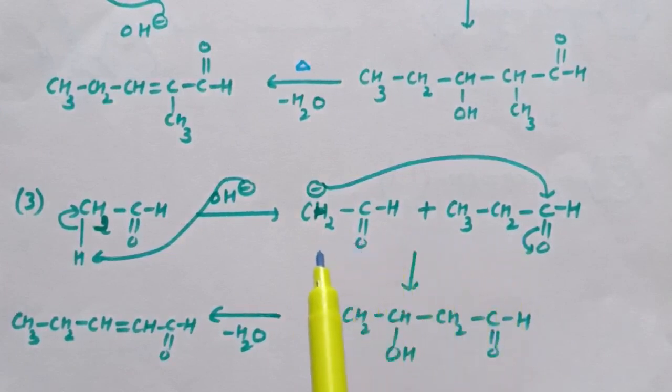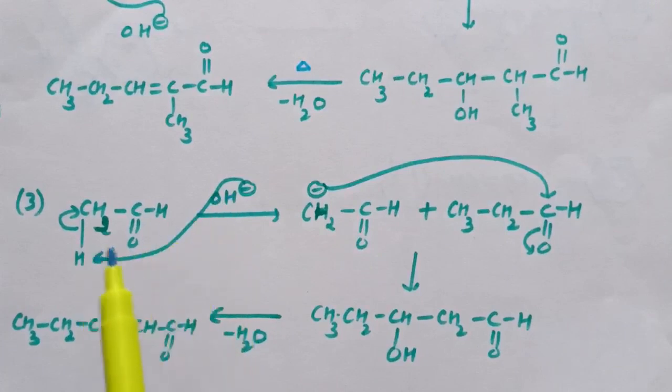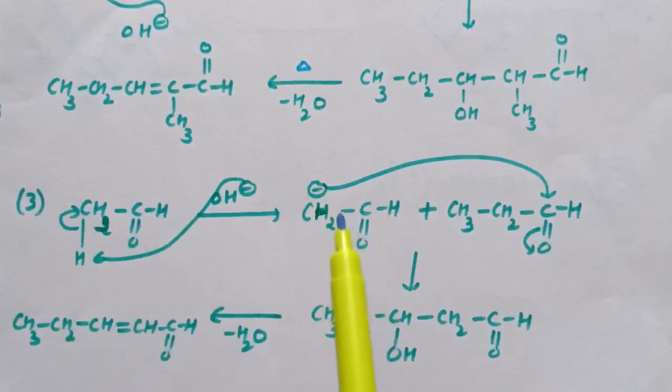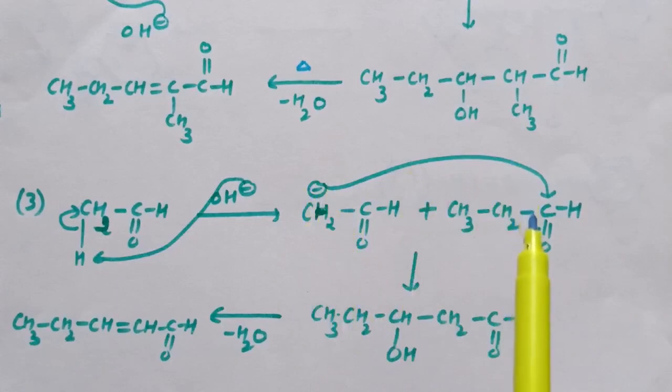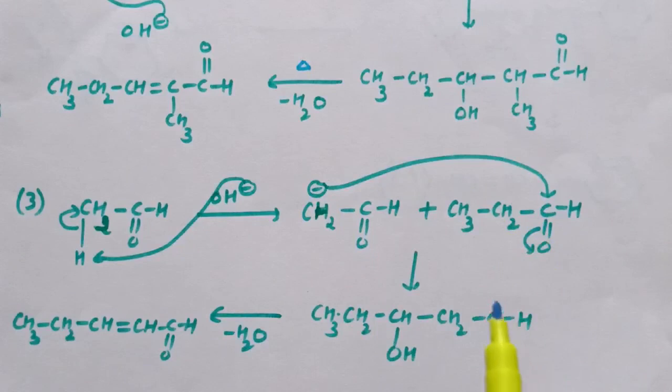So the first step is abstraction of the alpha hydrogen from this ethanal, resulting in the formation of this, and now this negative charge attacks the different aldehyde molecule, that is propanal, resulting in the formation of this aldol.